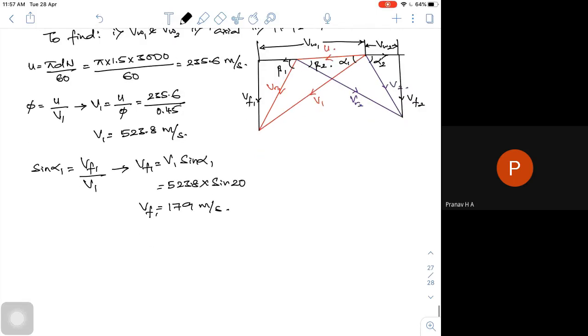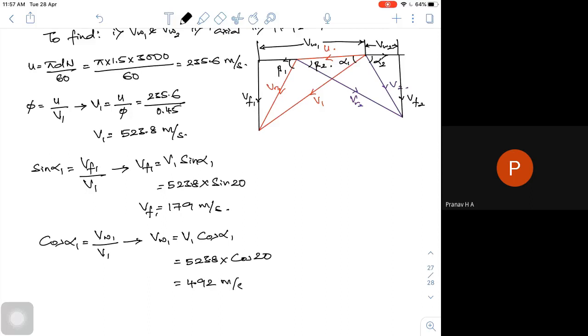Now similarly, from the inlet velocity triangle, cos alpha 1 is equal to Vw1 divided by V1, or Vw1 is equal to V1 cos alpha 1, or 523.8 into cos 20. That comes to around 492 meters per second.